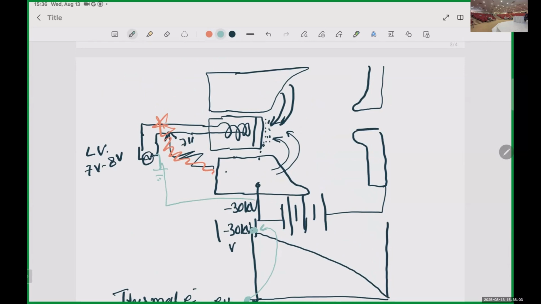Of course, in electrical engineering terms, the potentials are with respect to a certain reference. We have this around maybe 220 volts, they are with respect to the ground. So what if the ground itself is at minus 30 kV? On top of that, you are adding 7 volts.